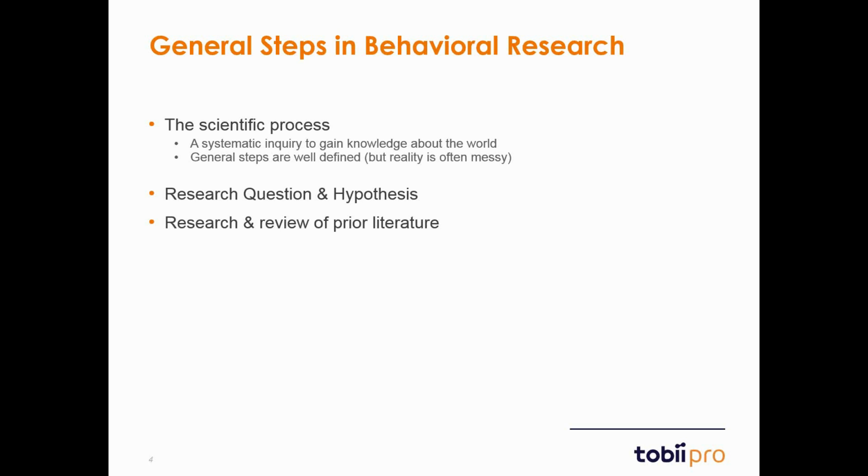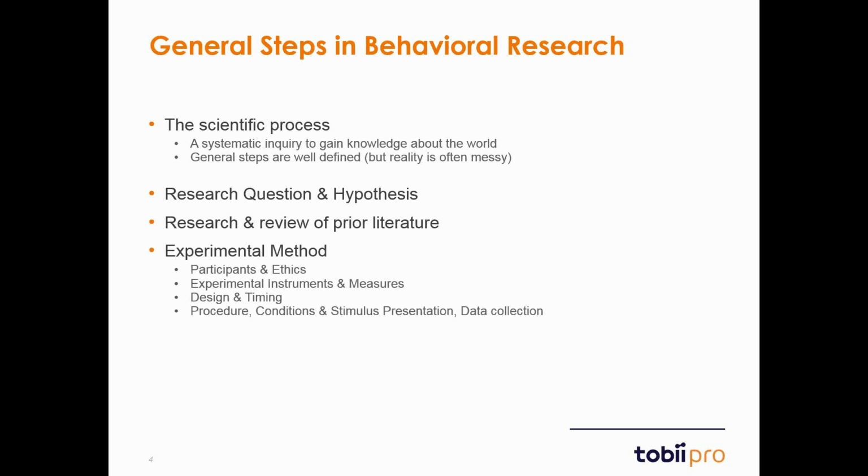Once you've come up with this question and hypothesis, there is some degree of research and review of prior literature that you should do beforehand, before you start doing any sort of inquiry yourself where you're actually doing an experiment. You can look and see what others have done and try to learn from them, so you know what to do and find out if people have already done what you may be trying to do.